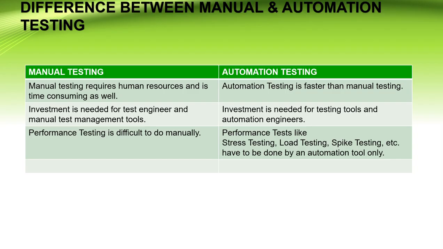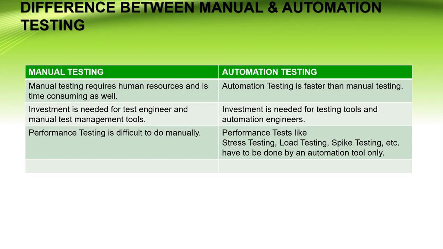Okay, and investment is needed in manual testing for test engineers and manual test management tools. There are many manual test management tools which we can use for defect tracking or bug tracking. And in automation testing, investment is needed for testing tools and automation engineers.